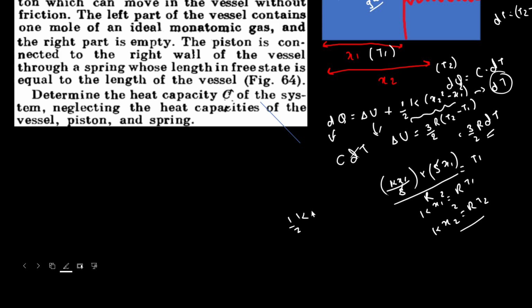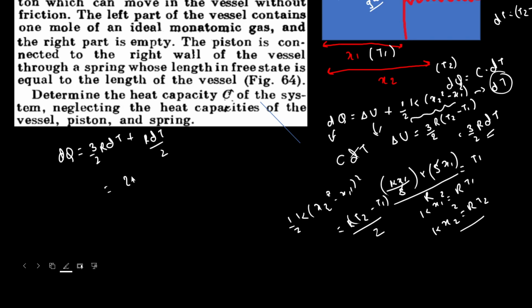So now half k (x2 square minus x1 square) will come out to be R (T2 minus T1) by 2. It's very simple, right? Eventually, we're coming down to the conclusion that dq is equal to delta U, which is nothing but 3 by 2 R dT, plus this expression, half k (x2 square minus x1 square), that we have evaluated to be R dT by 2.